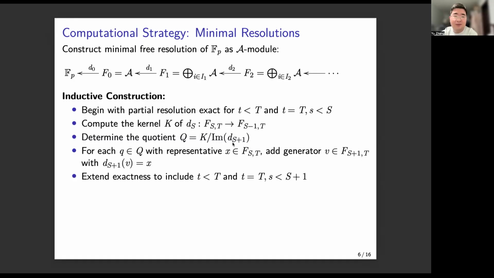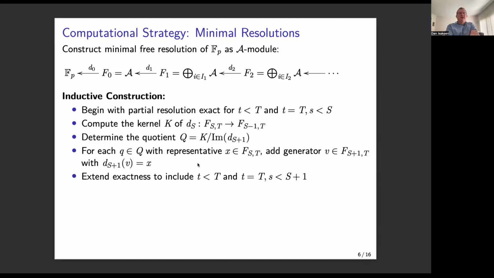If it's not trivial, then for each element in this homology, we find a representative of it, then we introduce a new free generator V to kill this non-trivial homology. And that will make the resolution also exact in the degree S comma T.